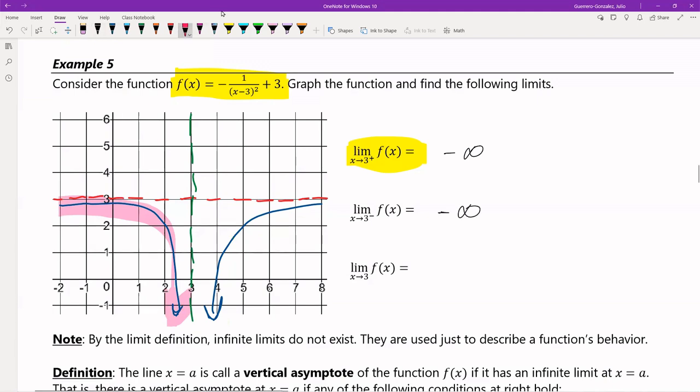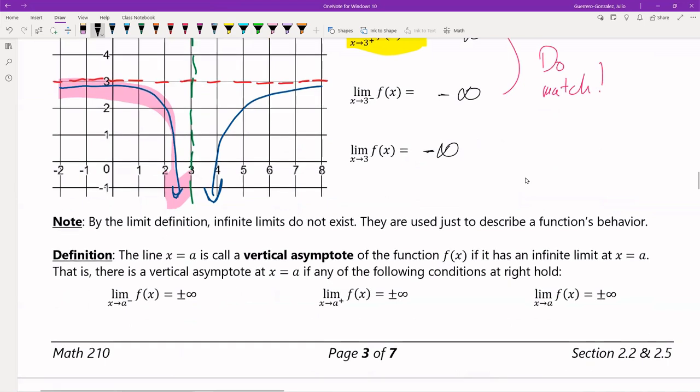These now do match. So that means that the flat limit, the one without the positive or the negative, has got to be negative infinity.